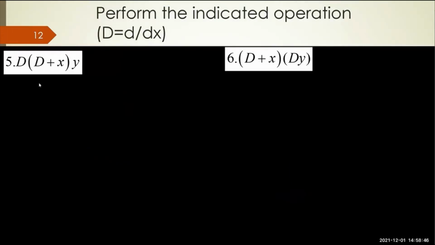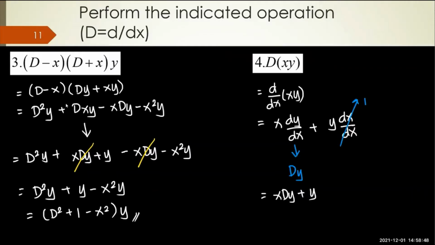So now you understand why, when I say it's not commutative, like here, when x is multiplied to this, the negative x is multiplied to this one, negative x comes first before D y. So that means the derivative only applies to y and not to x. Can you follow what I mean? That's why the order is important.